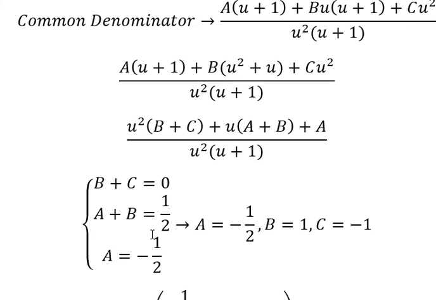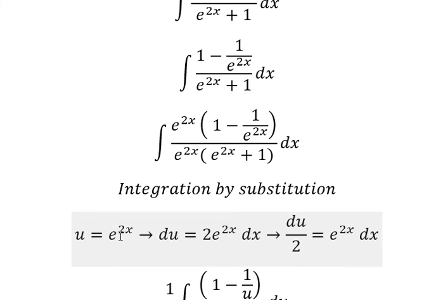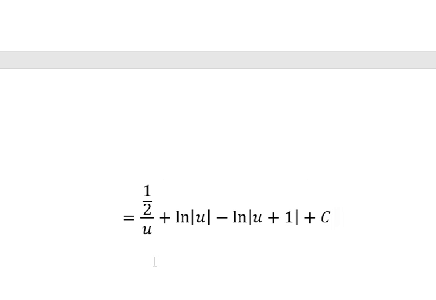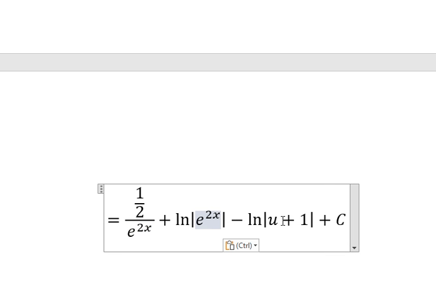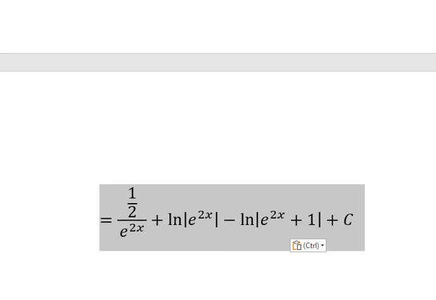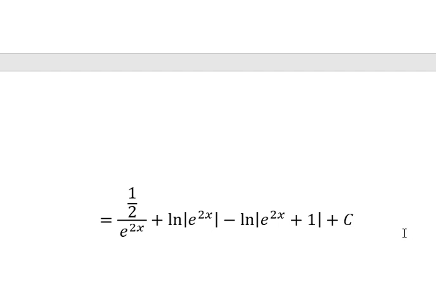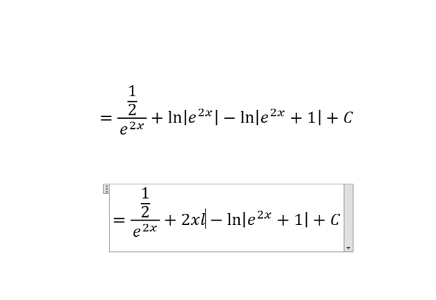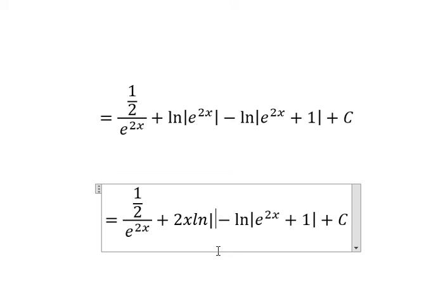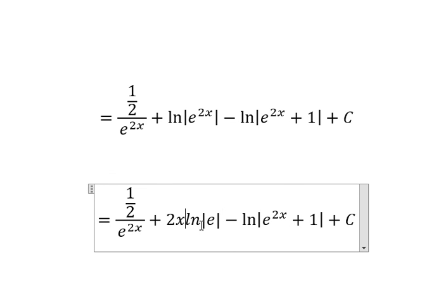About u, that is about this one. This one we have 2x, ln of the absolute value of e, and this one we have number 1.